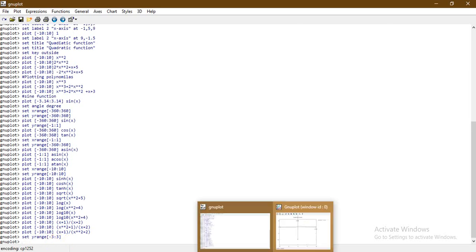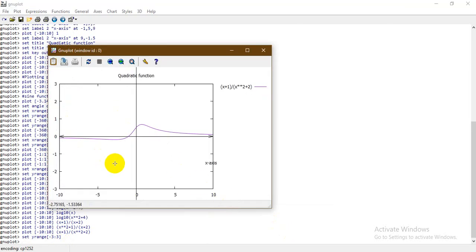When I set it, you see that it has increased a little bit, so you can see the function much better. You see that it is going to be shown as such here.